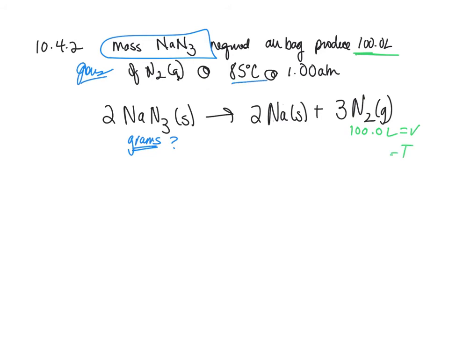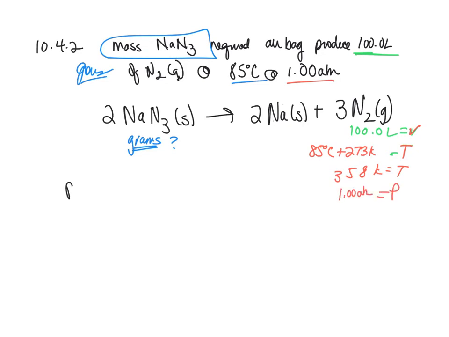So here we have 85 degrees. Let's go ahead and add 273, make that Kelvin. Because you get 358 Kelvin. And so that's our temperature. We have pressure, which is 1.00 atmospheres.